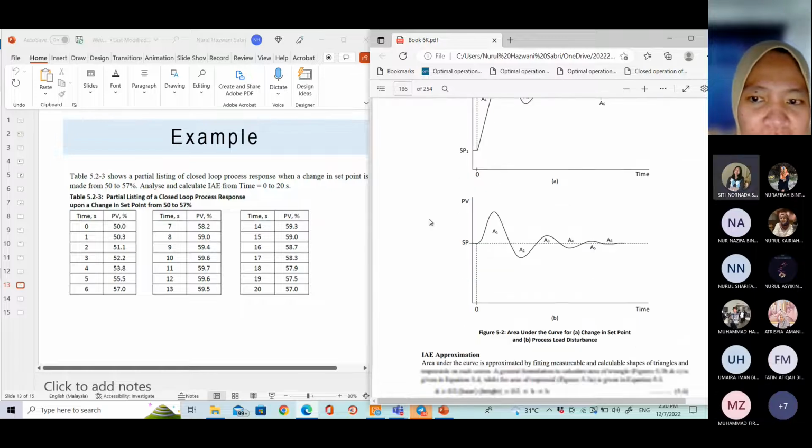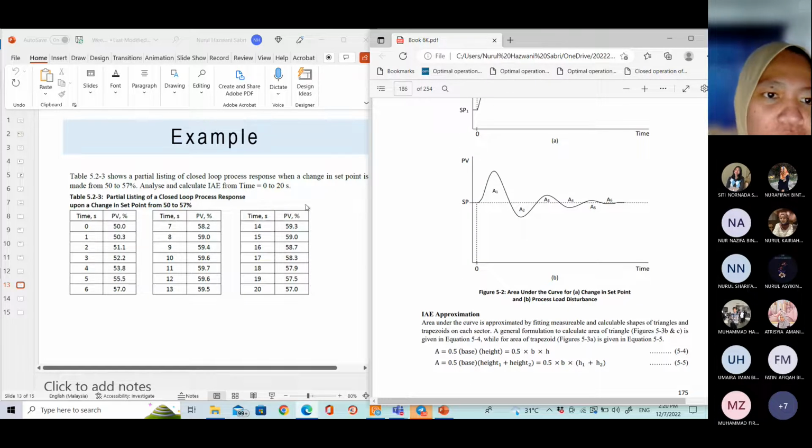Okay, so from 7 to 20, you can see in the figure of the process response it goes from 58 up until 59.7, which is the peak, and then going down until it reaches 57 back.